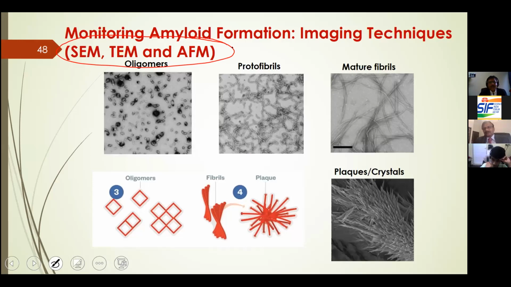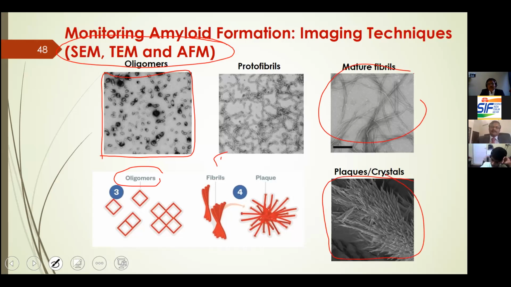Now there is published literature. If you have oligomers and look under the scanning electron microscope, that's how they would look. And here are fibrils, you see those dots kind of forming filaments, and you can see mature fibrils, and then you can see plaques that are produced.